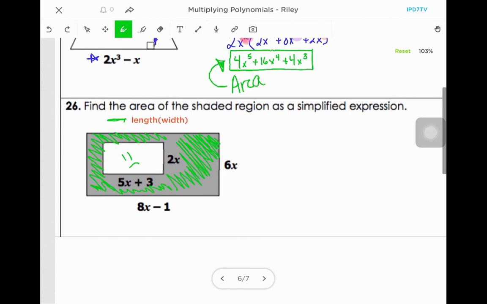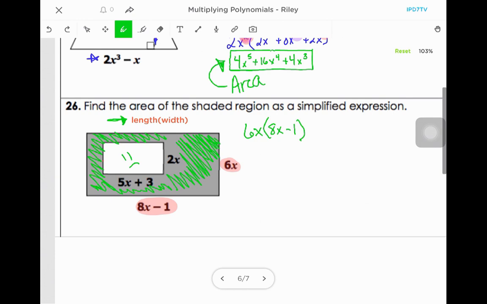So how are we going to find area? Well, area is length times width. So we want to find the area of the big area first, the gray area. So we're going to find 6x times 8x minus 1. Let's set that up first. That's the area of the large square.